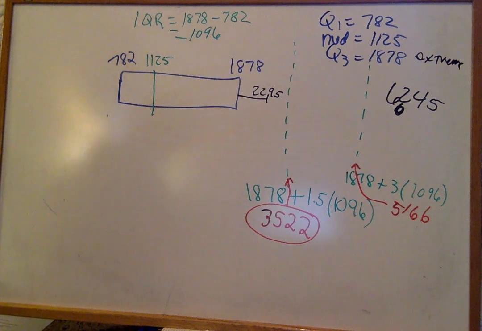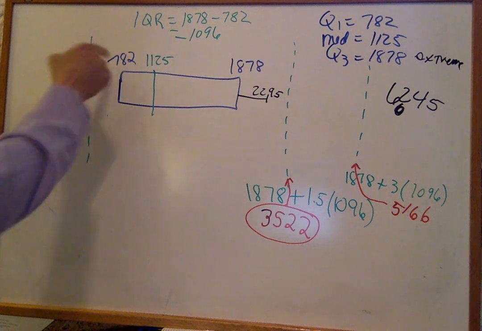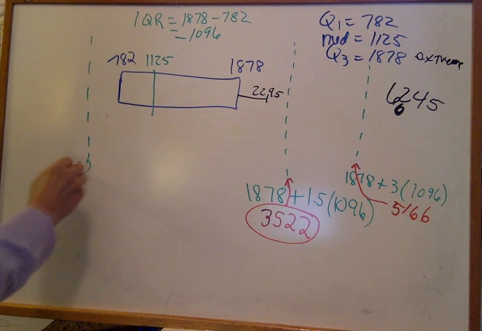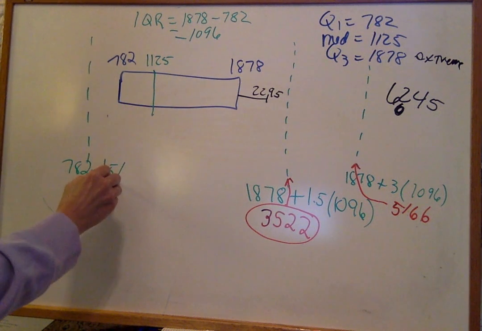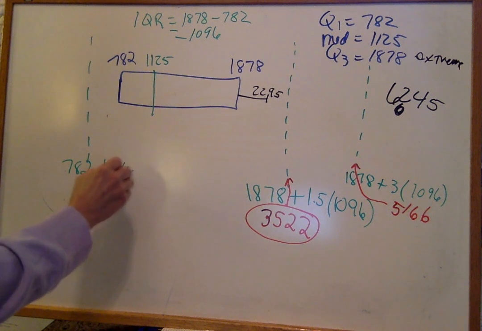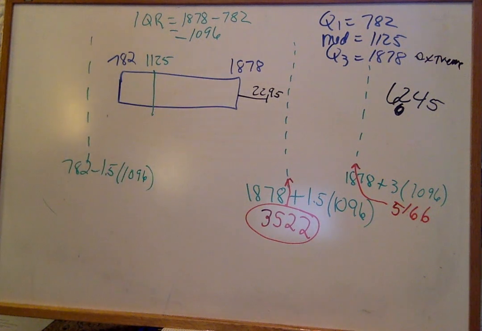Let's check the low side. This one is 782 minus 1.5 times IQR. Now, hopefully most of us can see that's going to go negative, meaning we don't have any low outliers, but for assessment purposes, you do actually have to calculate that and show me what negative number you got, just so I'll know if you used the right formula.